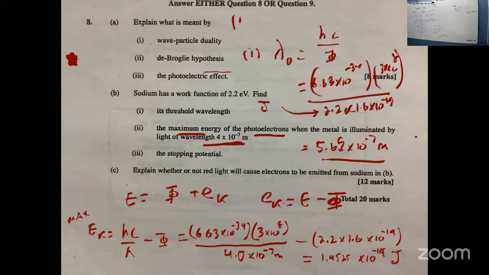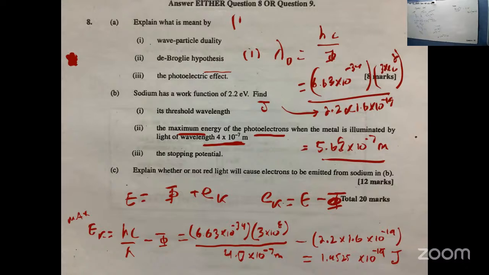Quick question: what would happen if the value was negative? Suppose you work out the maximum kinetic energy and you get a negative answer. What does that mean? If it's negative, does it mean it has energy?